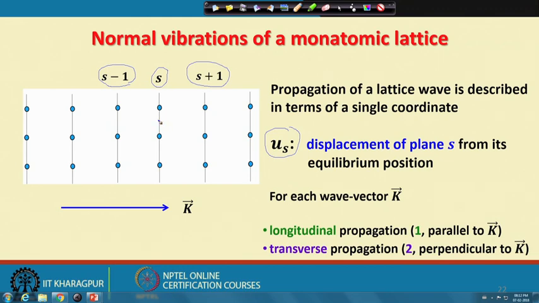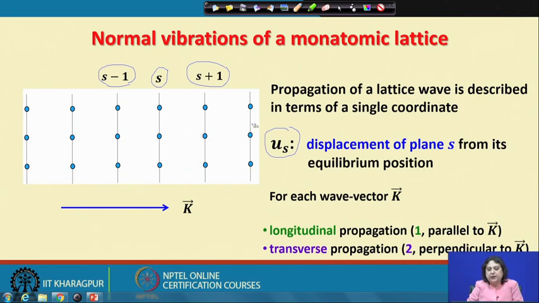If this plane undergoes a displacement when a lattice wave passes through this direction, then I am looking at the displacement of the plane s from its equilibrium position as the lattice wave progresses. Now, as you understand, for each wave vector there can be three directions.